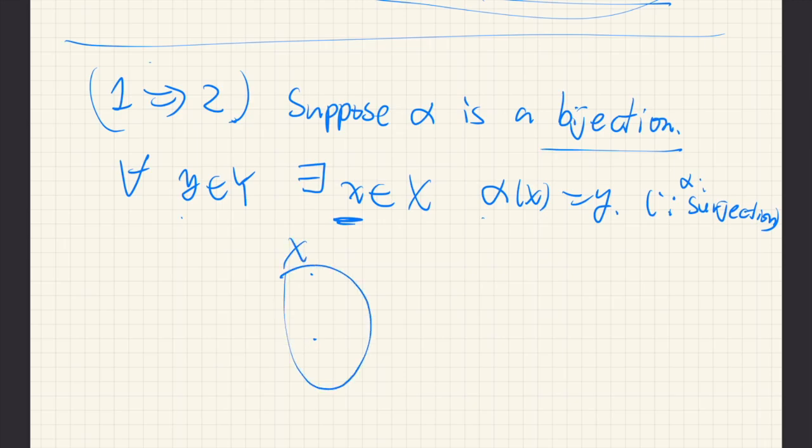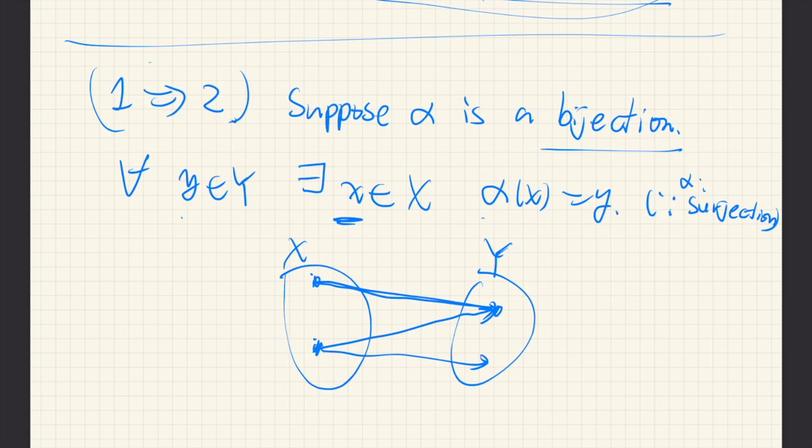Okay, so X and Y, if we have two different elements, this type of thing never happens for injection. Okay, if two different elements are in X, then they must go to different elements in Y. Okay. In other words, of course we are mapping through alpha. That means if we pick one element in Y, then the corresponding element in X must be unique.